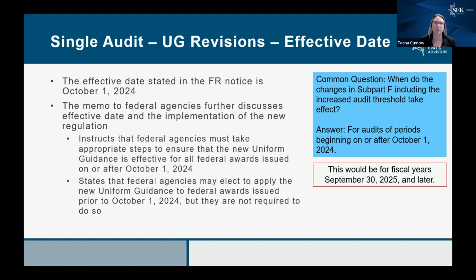So still a couple years away from an audit standpoint, but you will be seeing these changes coming very shortly with the grants that you are applying for and being awarded and needing to implement these changes before we, or your auditor, would come in to actually audit your compliance with these requirements.